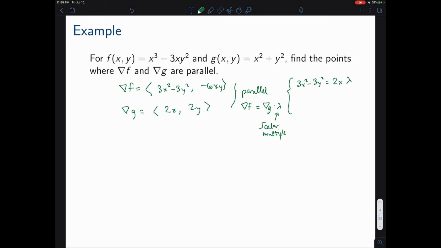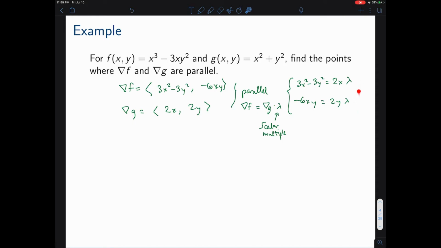So we'll have 3x squared minus 3y squared is 2x times lambda, and then minus 6xy should be 2y times lambda. On the left-hand side, I've got the entries of the gradient of f, and on the right-hand side, I've got the entries of the gradient of g times lambda.